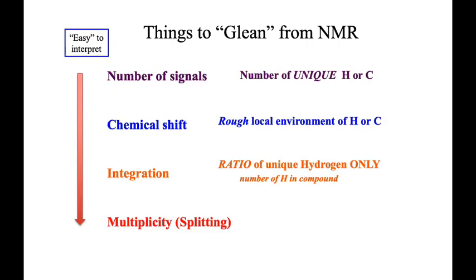This last one, our multiplicity, also known as splitting, is exceptionally difficult. It also has tons more information. So when you talk to an experienced person studying NMR, the very first thing they do is look right to the splitting, because they can pull a lot of information out of it because they've internalized the first three.